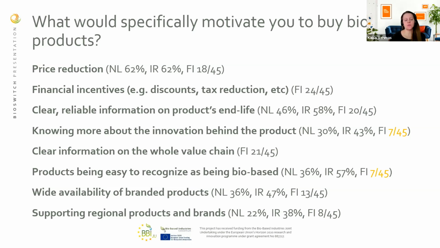Some consumers were more interested in getting information about the innovation, what is behind the bio-based option. And in addition to these, consumers were also looking for information on the whole value chain. So what are the different factors affecting the production of these bio-based options?